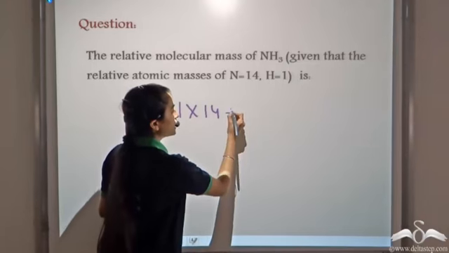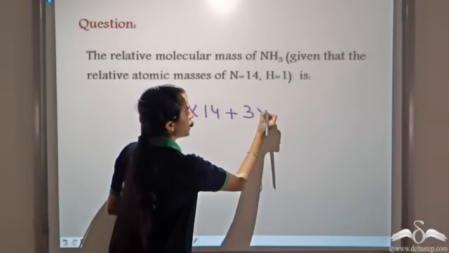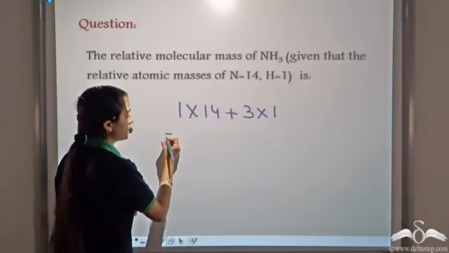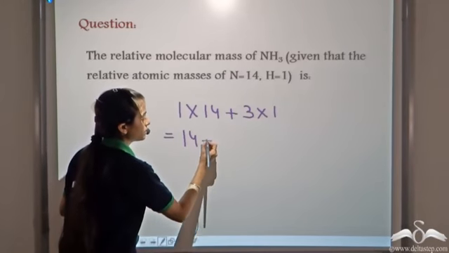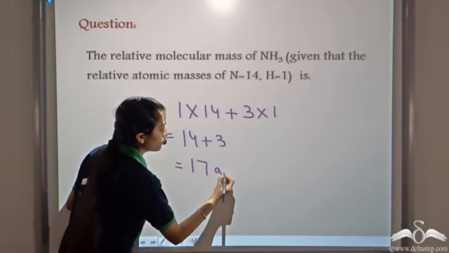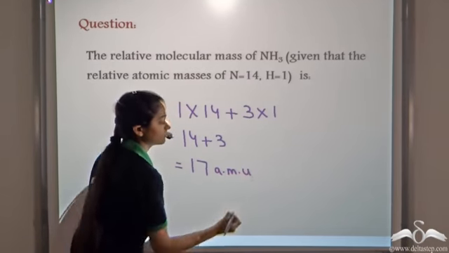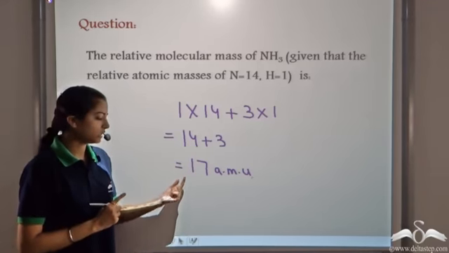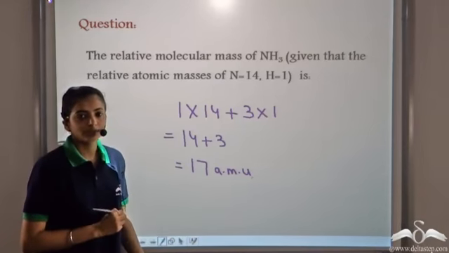We have 3 atoms of hydrogen, and the relative atomic mass of each hydrogen atom is 1. So when we calculate, we get 14 plus 3, which is 17 atomic mass unit. So the relative molecular mass of one molecule of ammonia is 17 atomic mass unit.